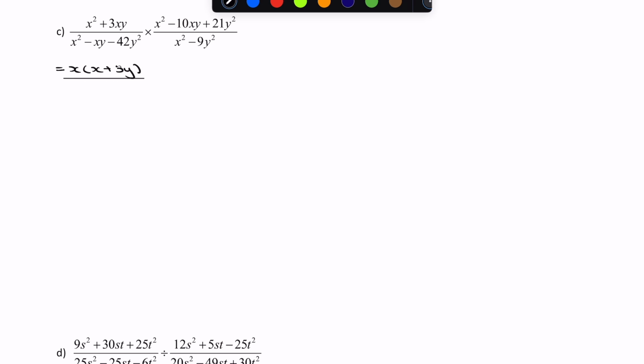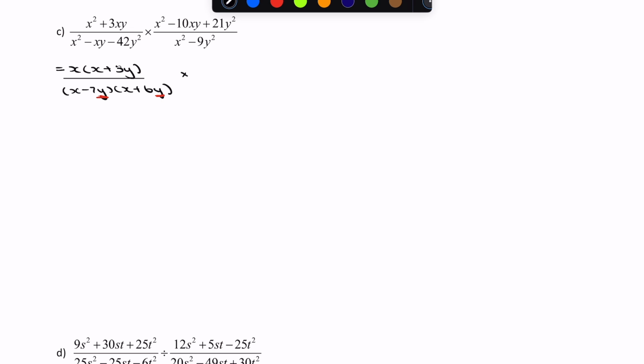On the bottom, here if we factor this out, factor out x minus 7y, x plus 6y. So again, it's the same as any other simple trinomial, except in this situation, again, you're going to add this y value here as well. And then we're going to multiply.